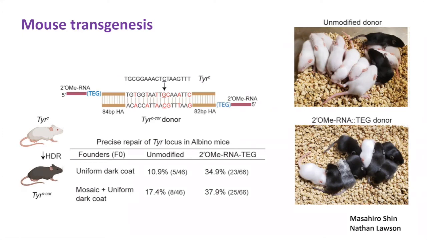These are albino mice where correcting a SNP, a change of actually three bases within the tyrosinase gene, allows the restoration of color within the coat of these mice. So while an unmodified donor produces about 10% uniformly dark mice, we can see about 35% uniformly dark, or 38% if you count mosaic mice. So that's both alleles being modified in the zygote.